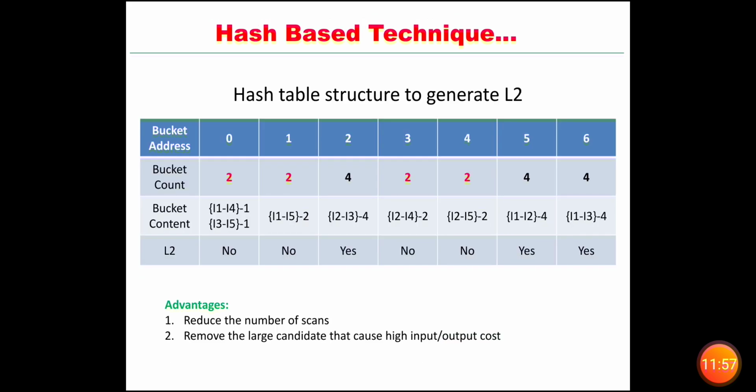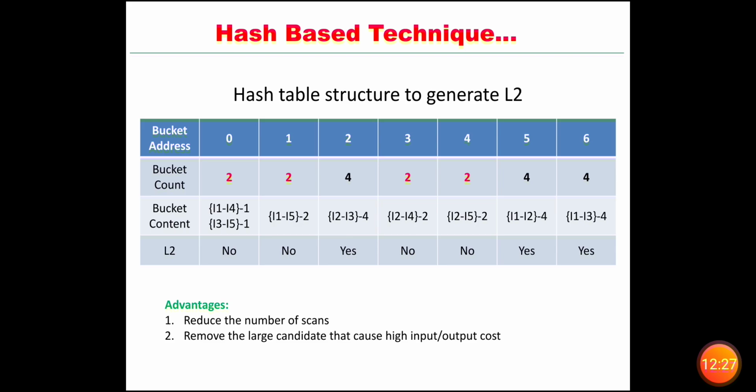Hash table structure to generate L2. Here we can see bucket address, bucket count, bucket content and L2. The bucket address we found through the hash function, so they are all in order: 0, 1, 2, 3, 4, 5, 6. In each bucket we place the count value.